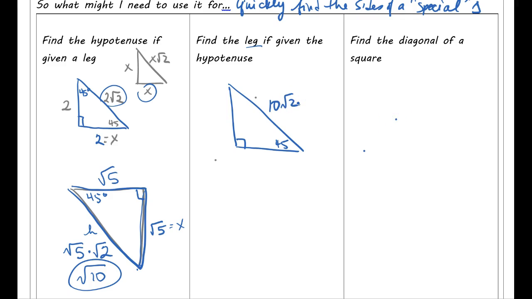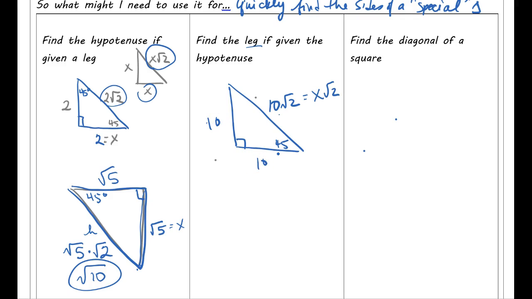So when you see the picture and you know that's the hypotenuse, you're going to compare this to the picture that we wrote up top. So the 10 root 2 is in the spot of the x root 2. If we compare those two numbers, well, x has to be 10. And so that means you can stick a 10 there and a 10 there.